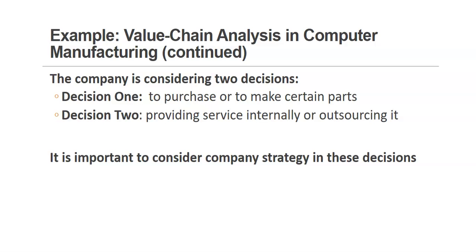Then the second decision is providing service internally or outsourcing it. So are we going to outsource to a 1-800 number customer service line, or are we going to internally employ customer service reps who can help our customers? So we need to think about what is the purpose of our business strategy when we're making these decisions.